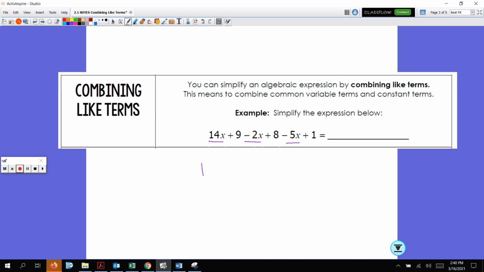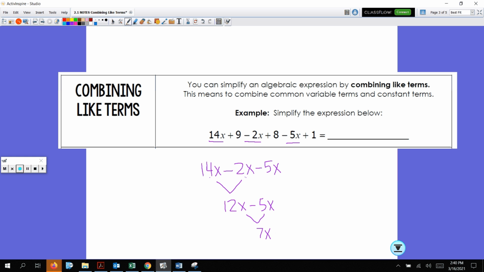So now I have 14x, negative 2x, and negative 5x. So essentially what I'm doing is I'm starting with positive 14, take away 2, that's 12x, minus 5x, 12 take away 5 is 7x, okay?